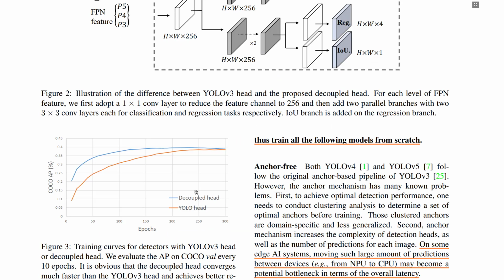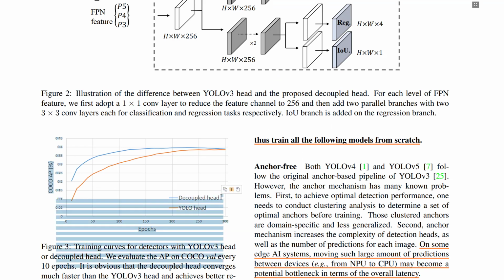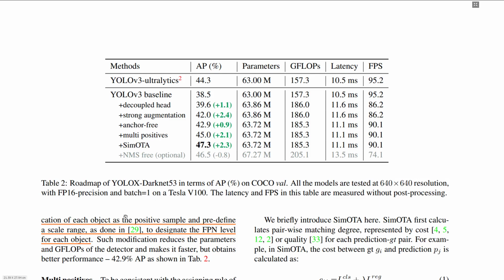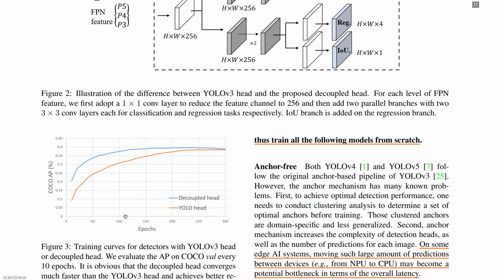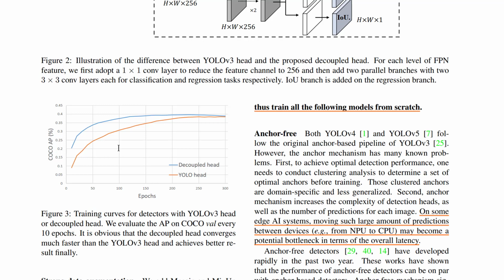It should be noted that this decoupled head permits the model to converge faster, as you can see right here in this figure 3. We have this plot showing how the decoupled head permits our model to converge faster compared to the coupled head.